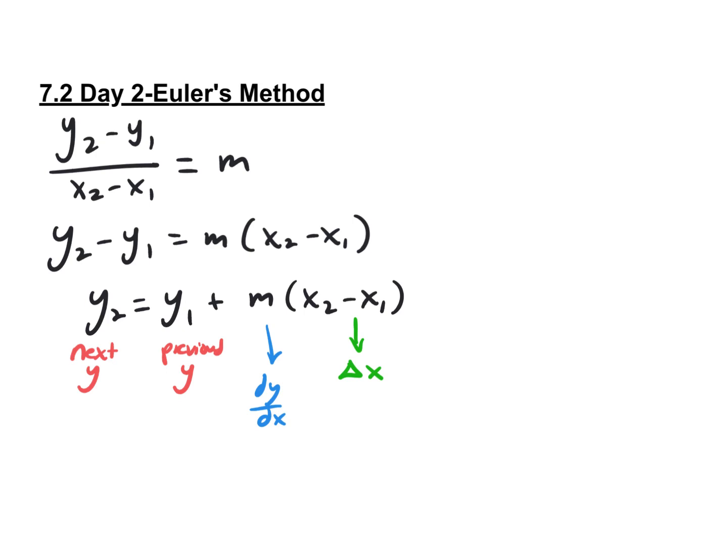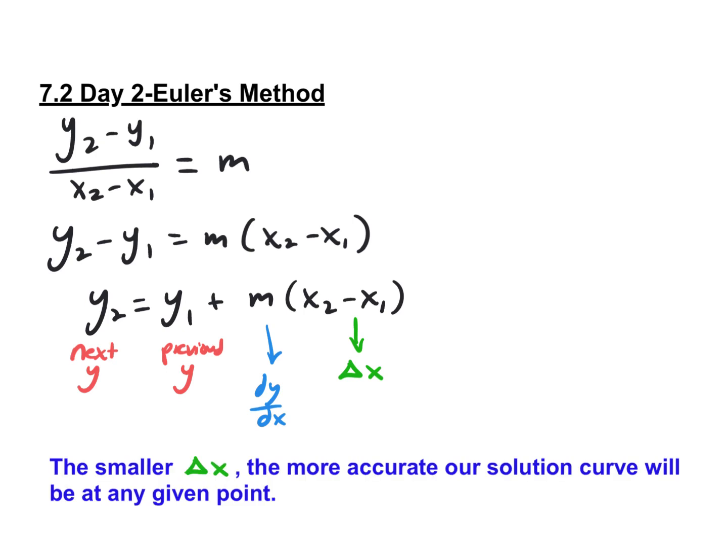And these are going to be the things that we're going to use in order to use Euler's method. The smaller the change in x, the more accurate our solution curve will be at any given point. So again, that's that analogy that I was making about integration and the area under the curve. The smaller the width of the rectangles, the more accurate our area is.